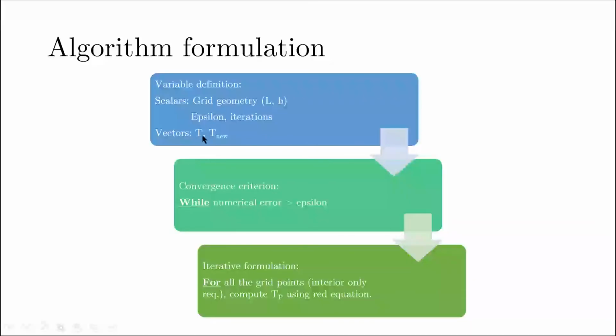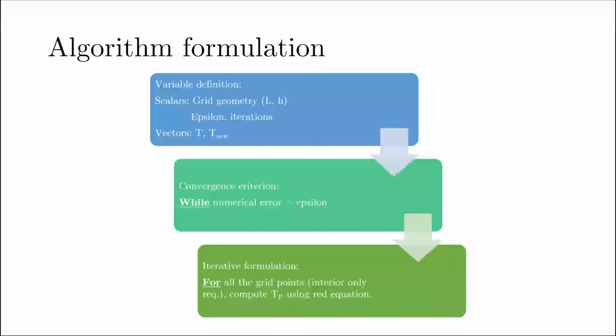And we'll also need some vectors, or rather matrices. So in this case, we would have the temperature and the new value of the temperature. So just like in the previous one-dimensional scenario, we would have the current value of the temperature and we would have the updated value of the temperature field.